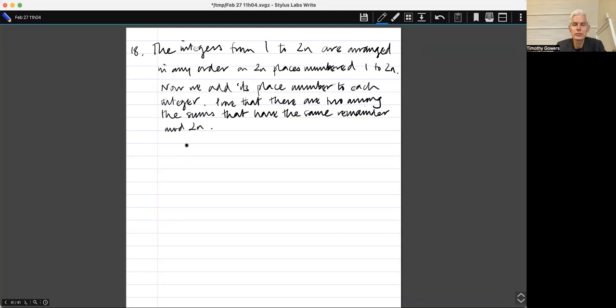So this looks as though it might just... how's this going to be anything to do with invariants? That's the question. So that should give us a clue somehow.